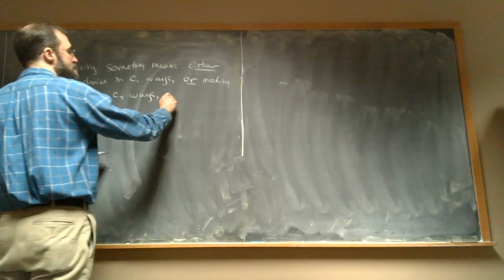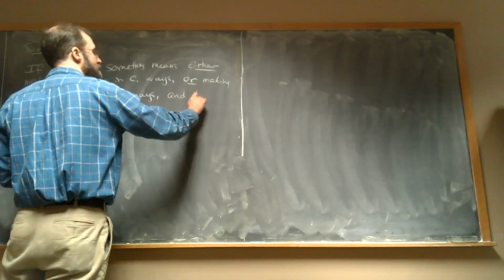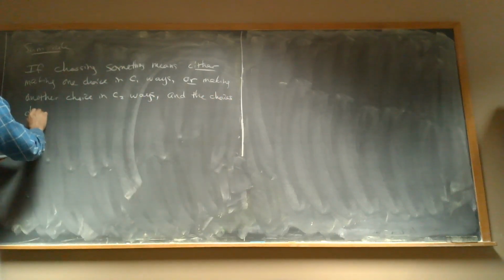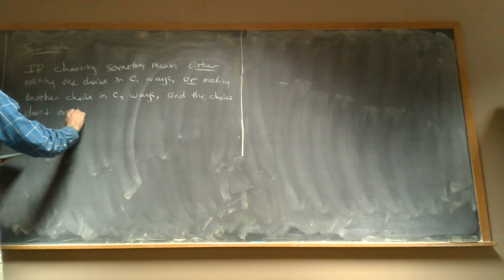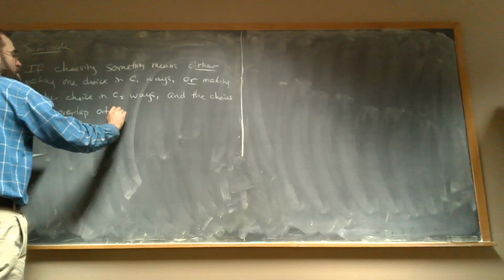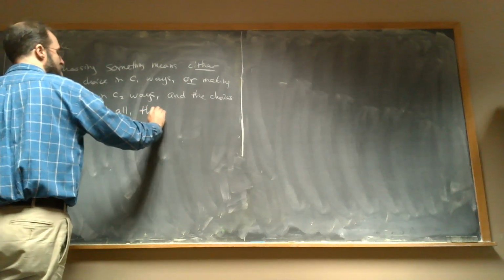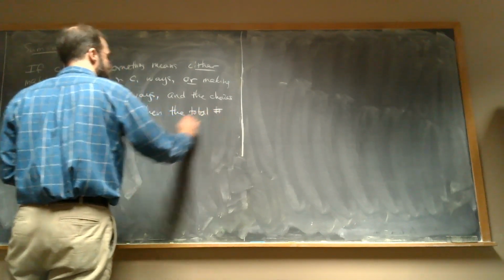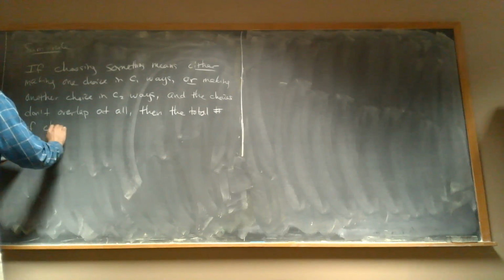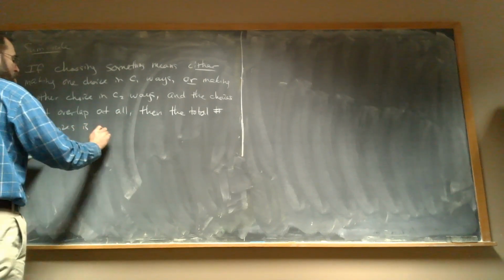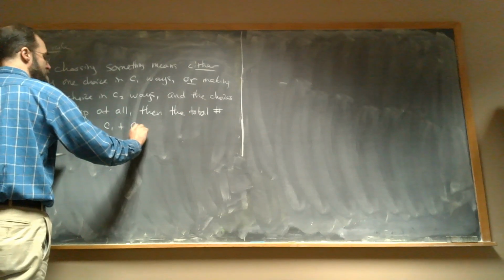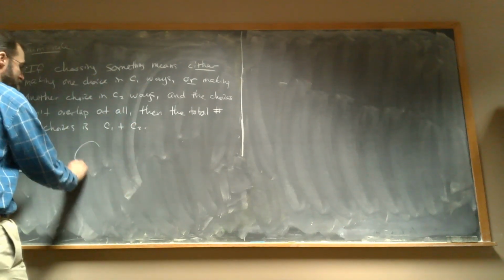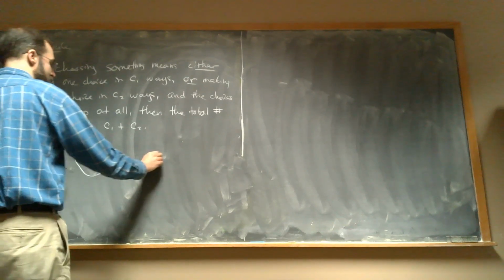And the choices don't overlap at all. And then the total number of choices is C1 plus C2.